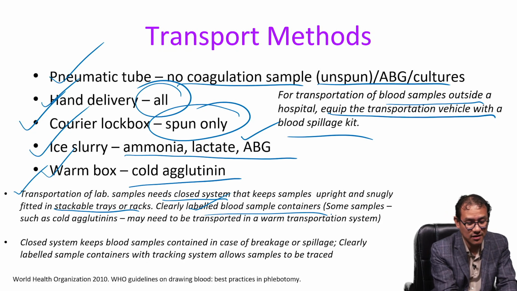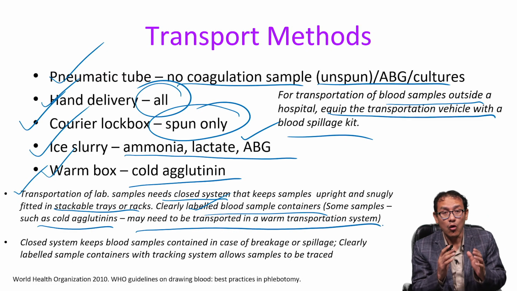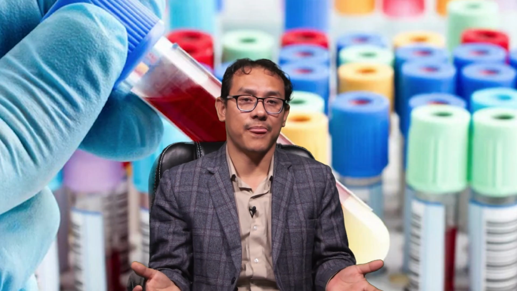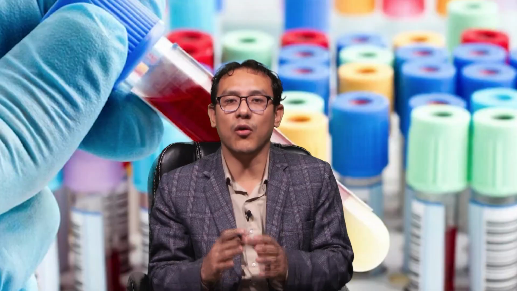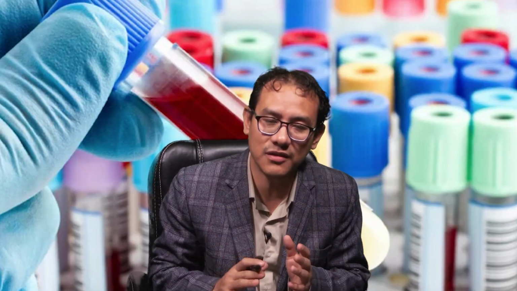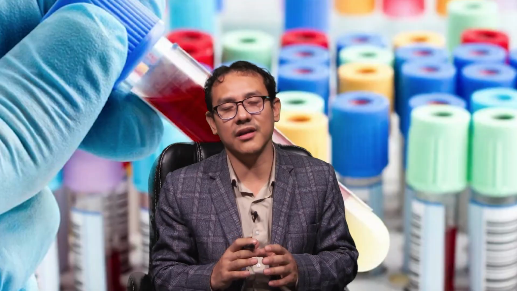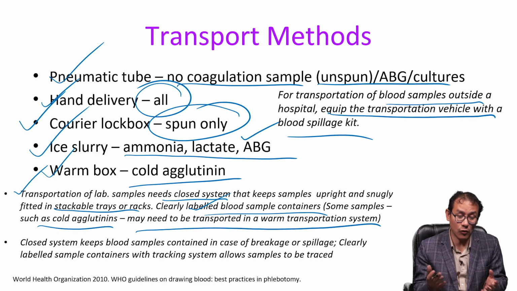Some samples such as cold agglutinin may need to be transported in a warm transportation system, because 25 degrees centigrade transportation is not universal. Depending upon the investigation, the temperature may vary. It may not be 25 degrees centigrade, it may not be 8 degrees centigrade. So warm transport systems are also required.